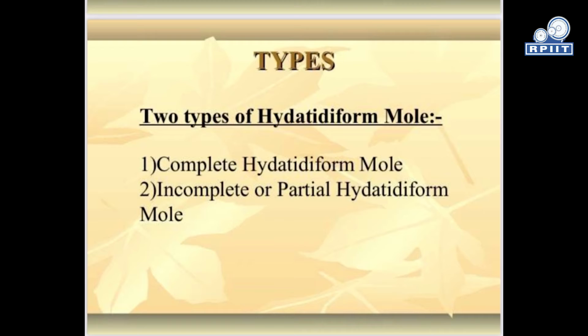Fetus is absent and uterine size is more than the date. In a partial or incomplete hydatidiform mole, there may be normal placental tissue along with abnormally forming placental tissue. There is also formation of a fetus, but the fetus is not able to survive. The fetus is present but cannot survive at that stage, and uterine size is less than the date because the fetus is dead.